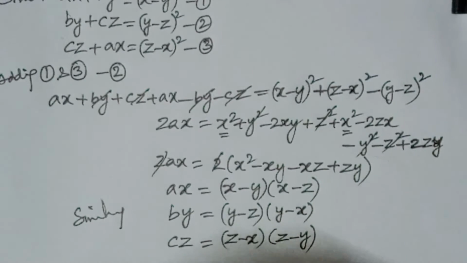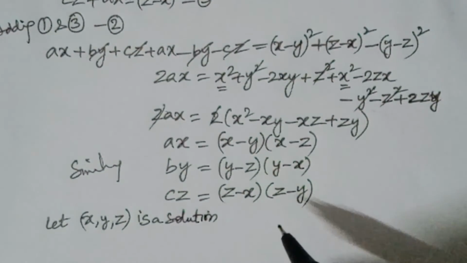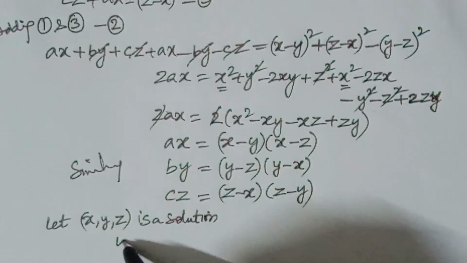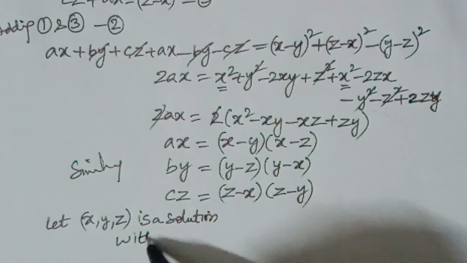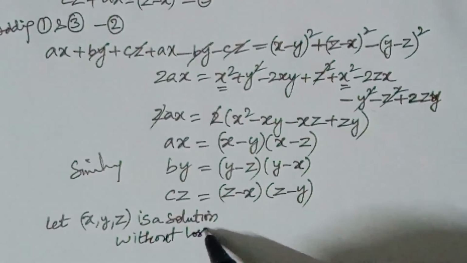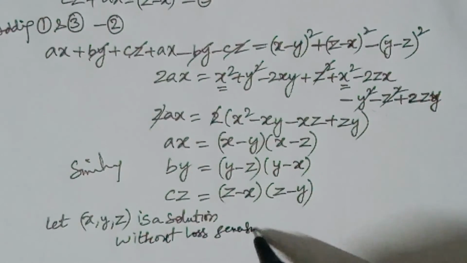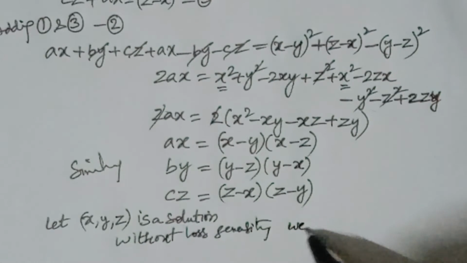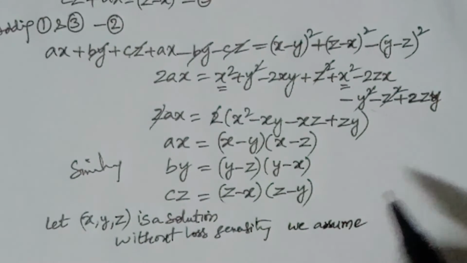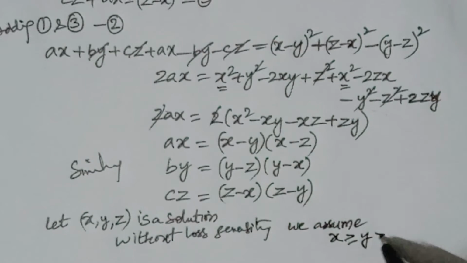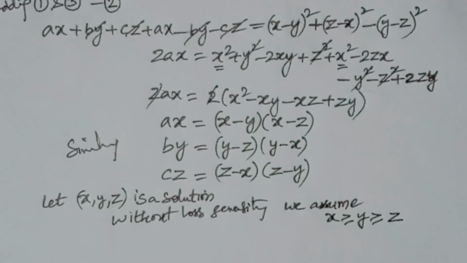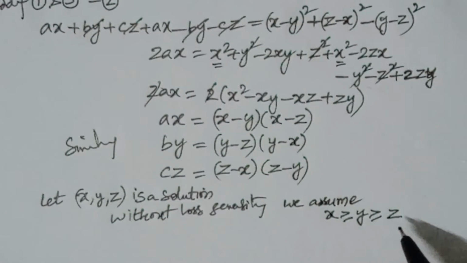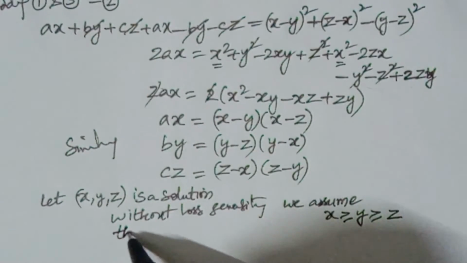So let us suppose x, y, z is a solution. Without loss of generality, we assume x is greater than or equal to y is greater than or equal to z.